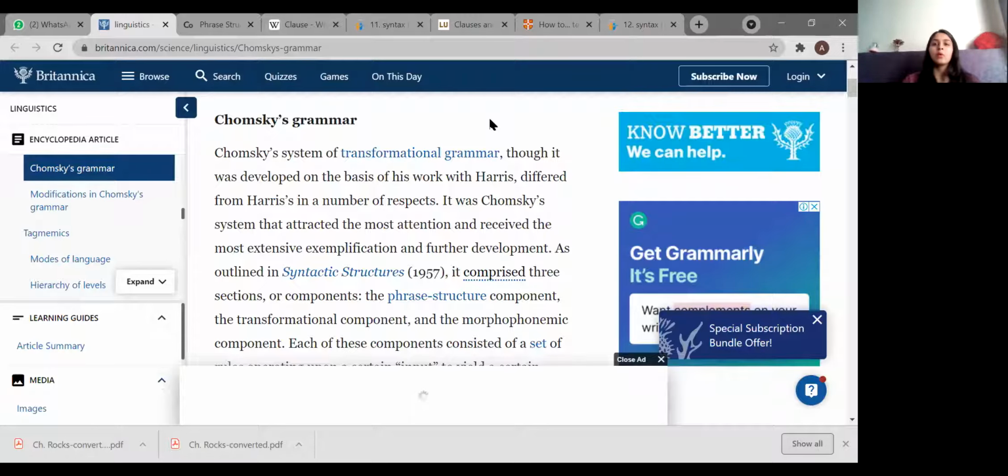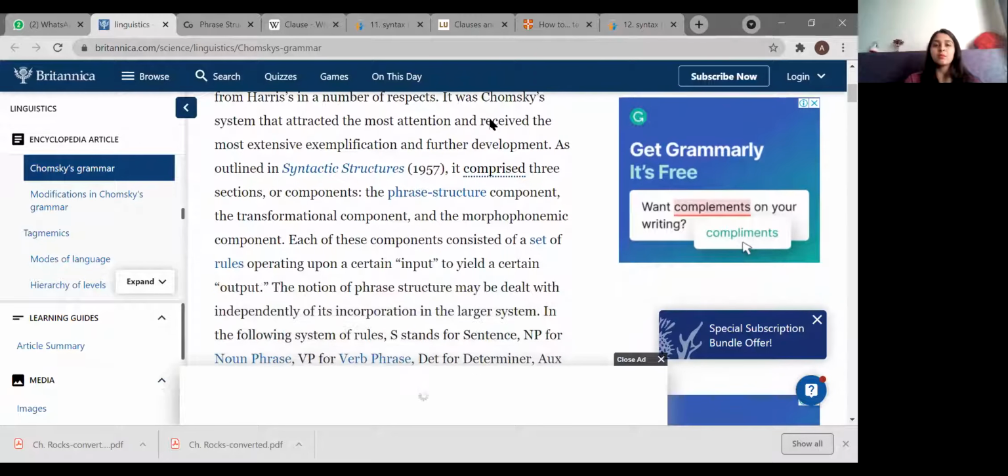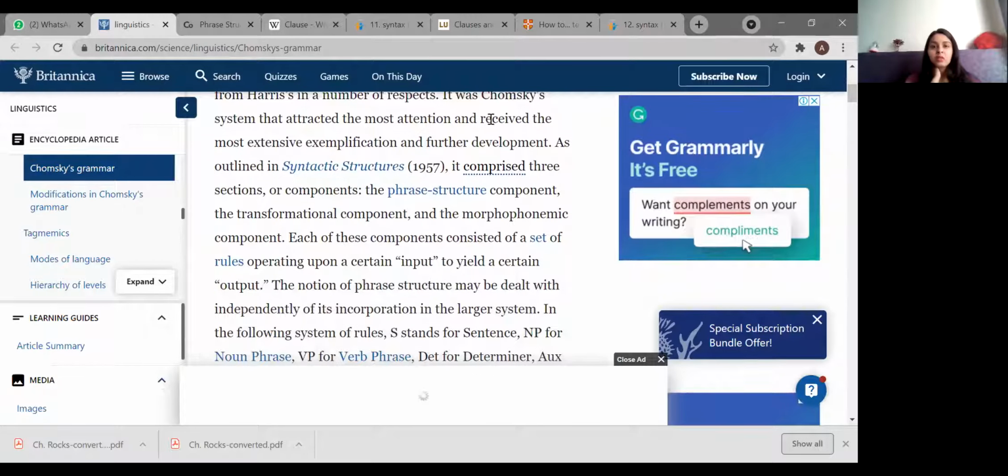Now, it was Chomsky's system that attracted the most attention, received the most extensive exposition and further development, right? So Harris added his own thing, but Chomsky's was more attractive, and it was later on made more proper.